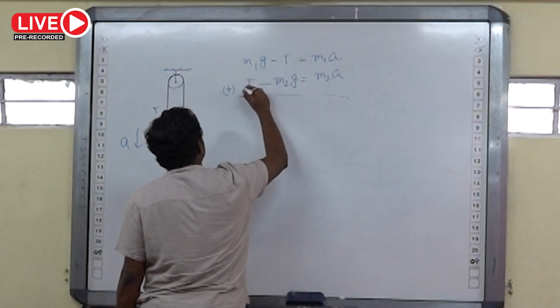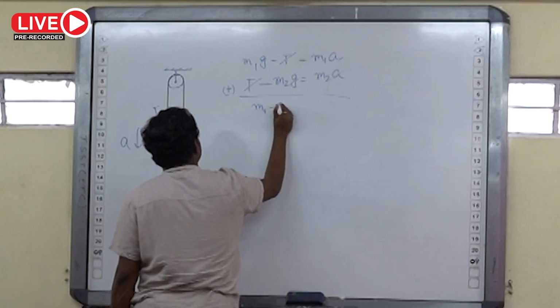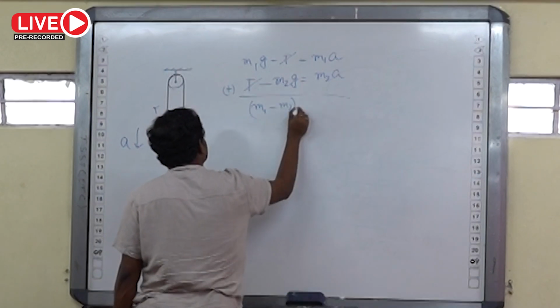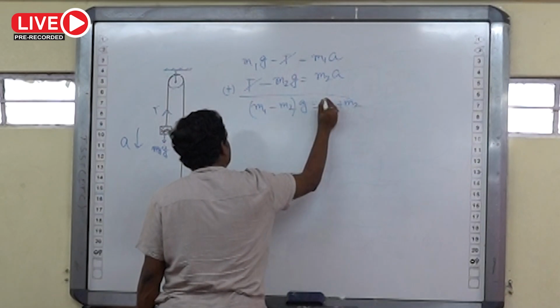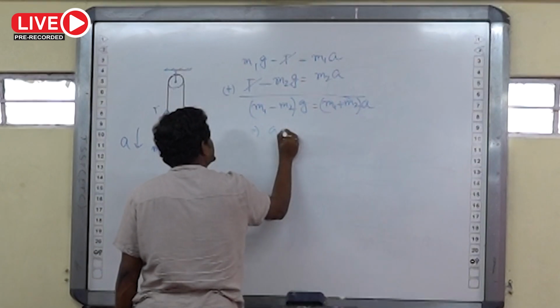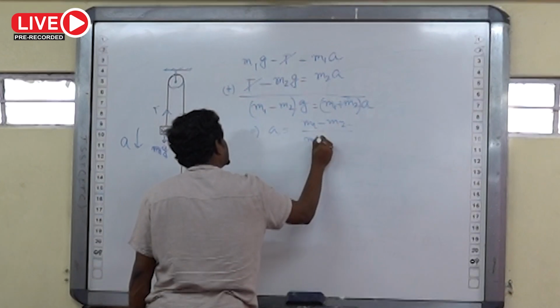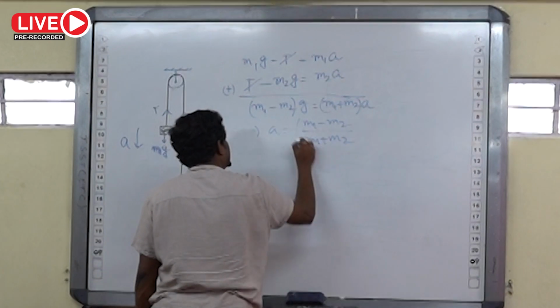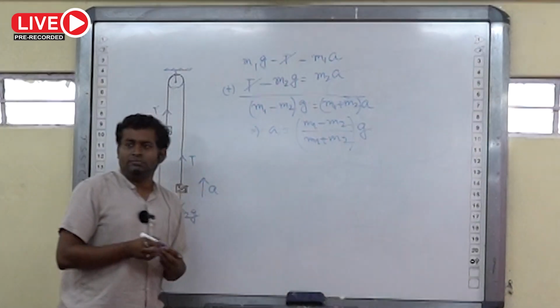Now add these two, the tension will cancel. You can write (M1 minus M2) g equal to (M1 plus M2) a. From this, a equals (M1 minus M2) by (M1 plus M2) into g. Now M1 is 5, M2 is 3.